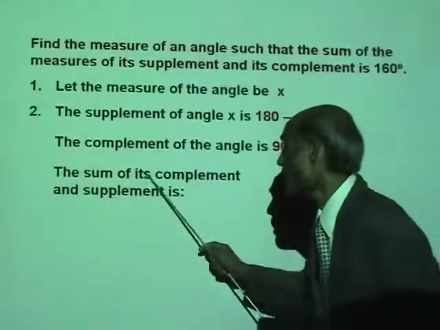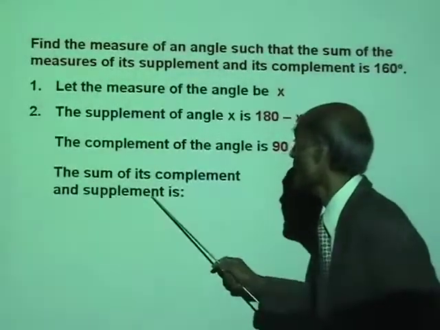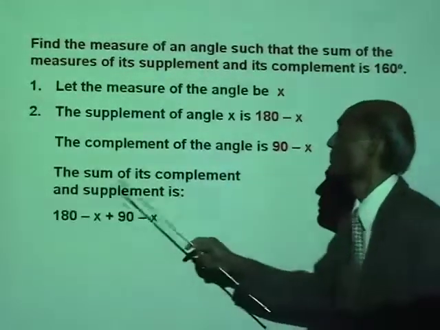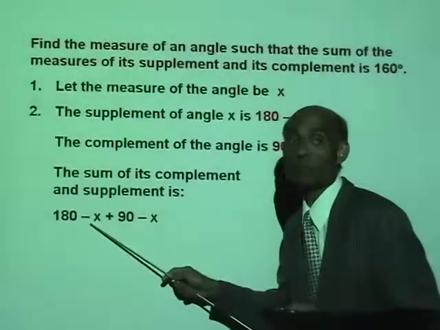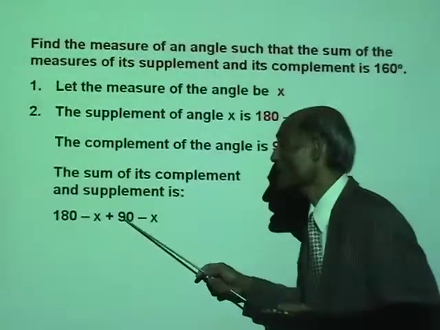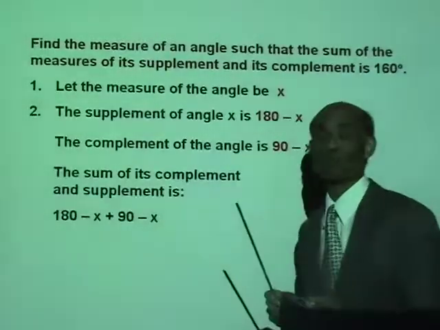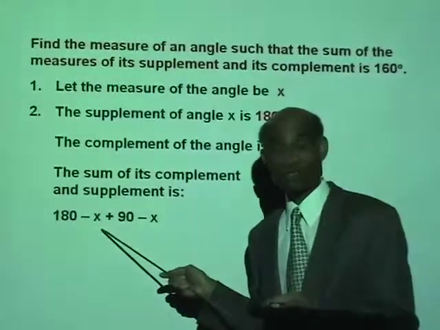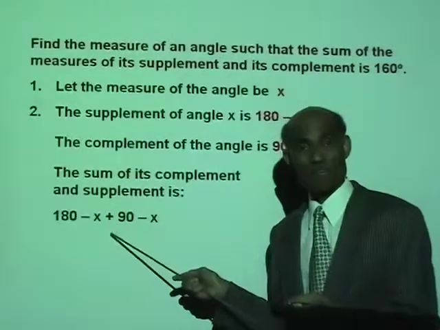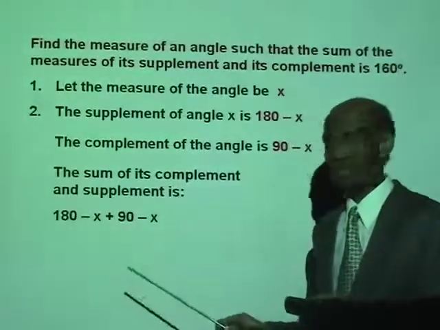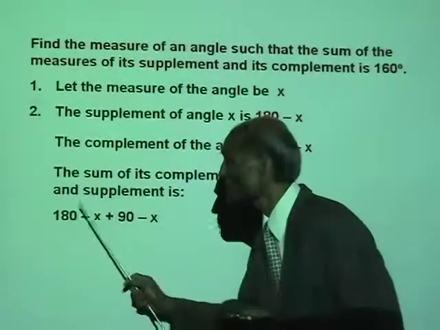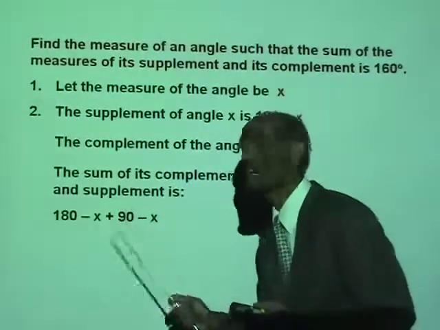So the sum of its complement and supplement is obtained by adding these two. 180 minus x plus 90 minus x. Now, remember, this is not an equation. This is an expression. Can you simplify that expression? You can add 180 and 90. What is 180 plus 90?